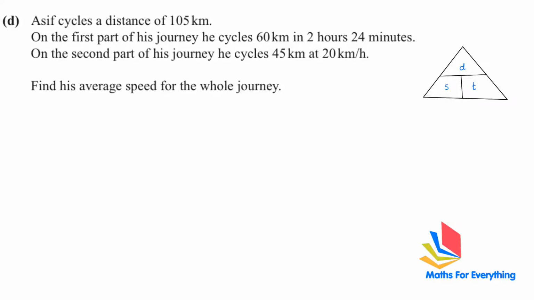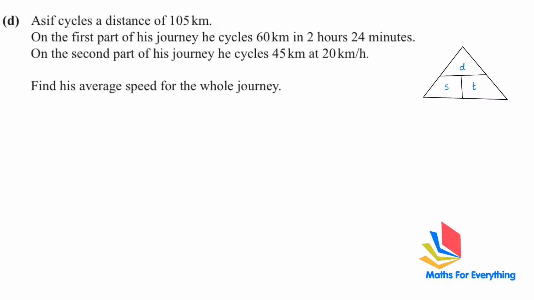So this is the formula. You need to know the triangle. If you want to find distance, you cover distance and you are left with speed multiplied by time. If you want to find time, you divide distance by speed. And if you want to find speed, you divide distance by time.